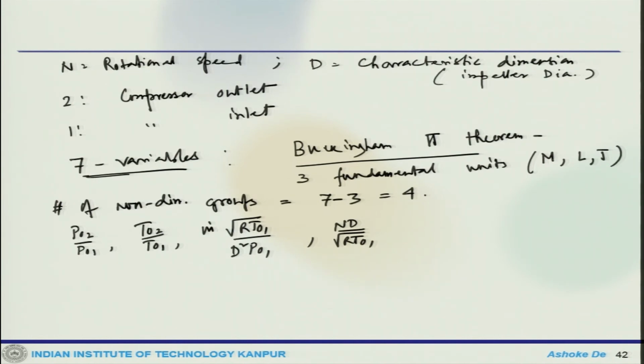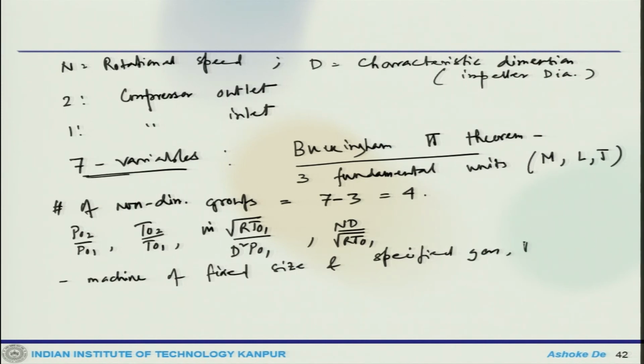Now, consider a machine of fixed size and a specified gas R. Once we say that we take a fixed size machine and specify the gas, then R and d are invariable.